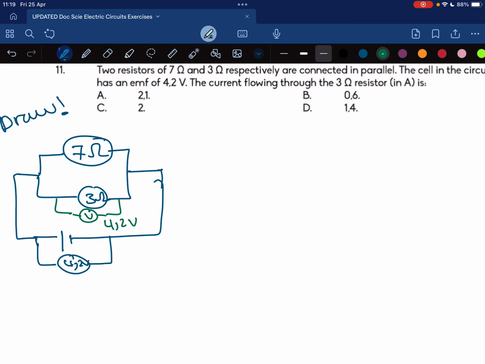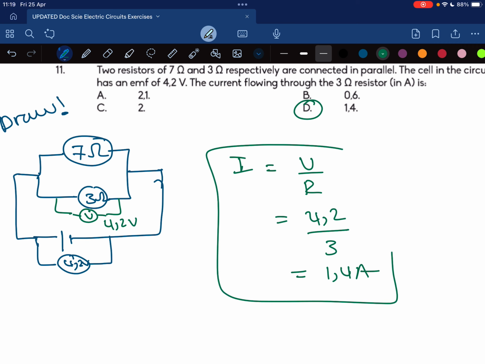So I can say, well, current is equal to V over R. The voltage is 4.2, the resistance is 3. So you'll put that on your calculator and you should get an answer of 1.4. Let me double check. Yeah. So your answer is D.